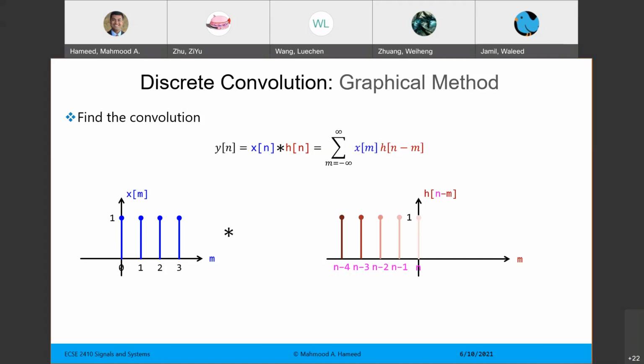So as you are changing n, here, the last piece of animation, you're moving this guy across the other guy. This is fixed. X is fixed. And as you're moving, by the way, you're moving not in a continuous fashion, you're moving discrete, right? 1, 1, 1, 1, 1. And as you're moving, you are multiplying the overlapping elements and you're adding up the results.